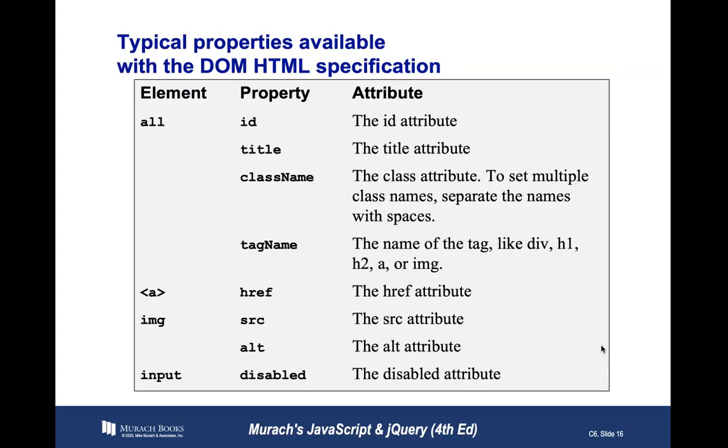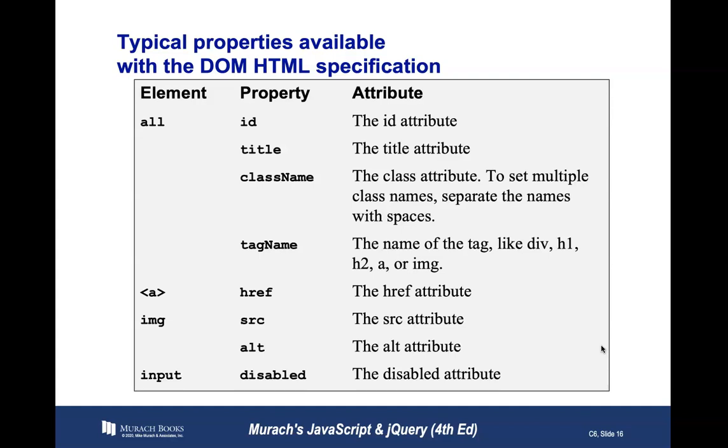So these are typical properties available with the DOM HTML spec. The elements that they can apply to: everything can have an ID, a title, a class. So div, h1, whatever, all those things can be applied to any element. An anchor tag, for example, has href. Images have sources.